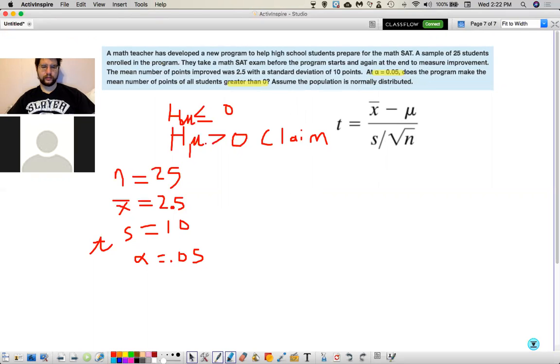So my test statistic, T equals X bar minus the mean over S over square root of 25. Sorry.